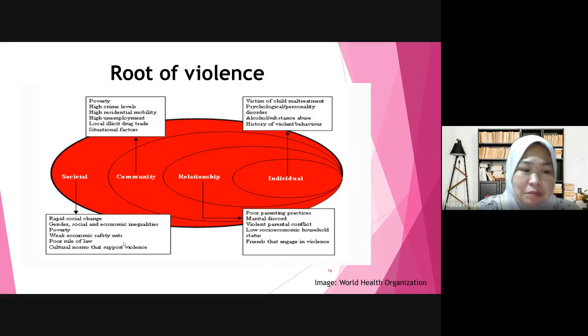For example, in some cultures they will kill a baby girl, because they think the baby girl brings bad luck to the family. They are happy if they have a new baby boy. So this societal factor can also be a root of violence.